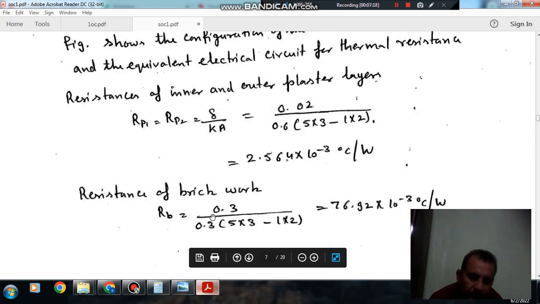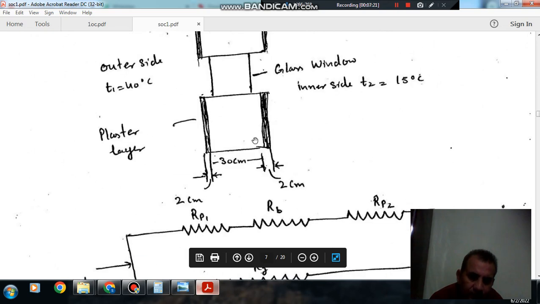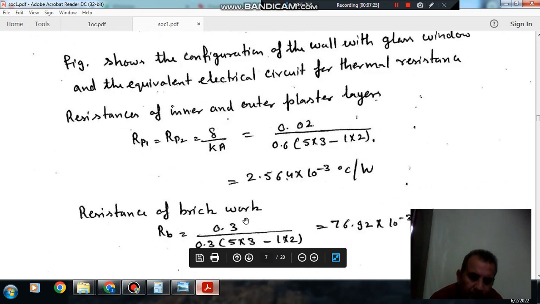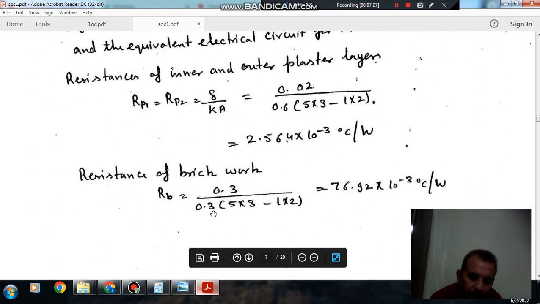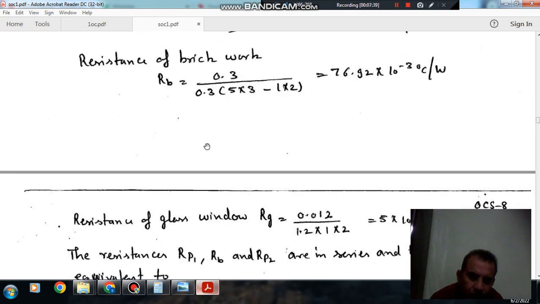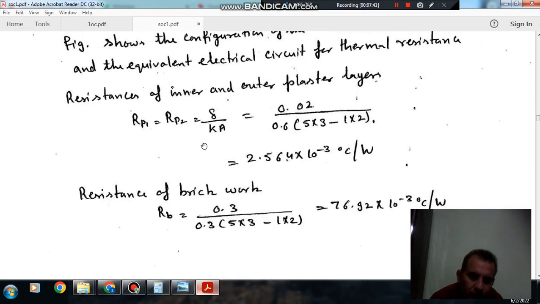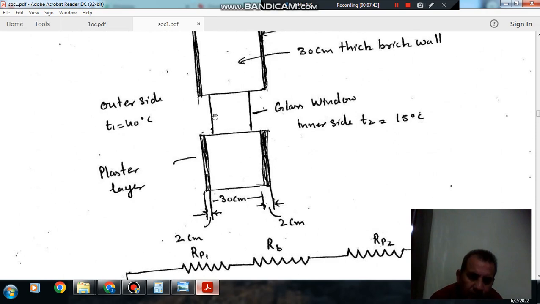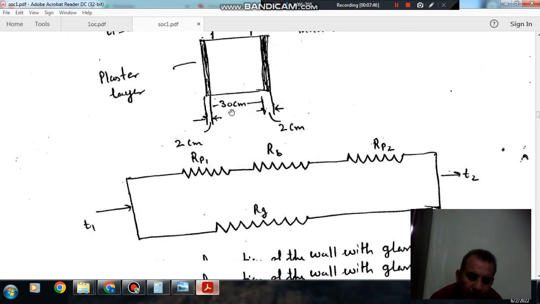For the brick wall, the thickness is 0.3 meter, divided by K, and the area is 5 into 3 minus 1 into 2. So that is the brick wall resistance, 76.92 into 10 to the minus 3 degrees Celsius per watt.